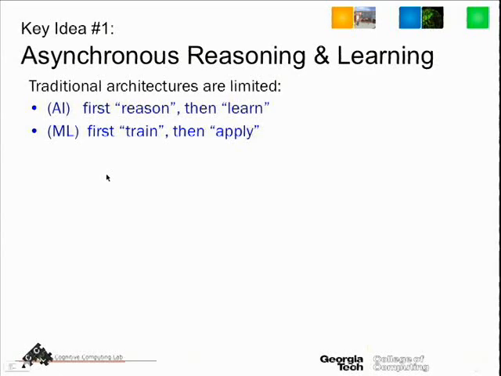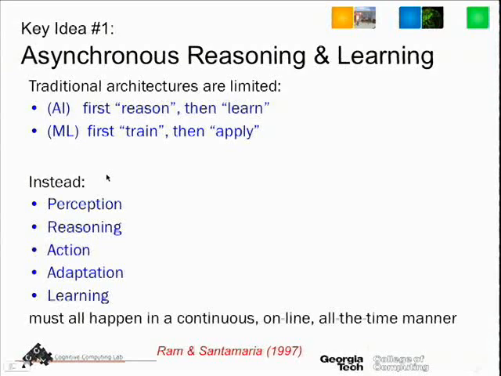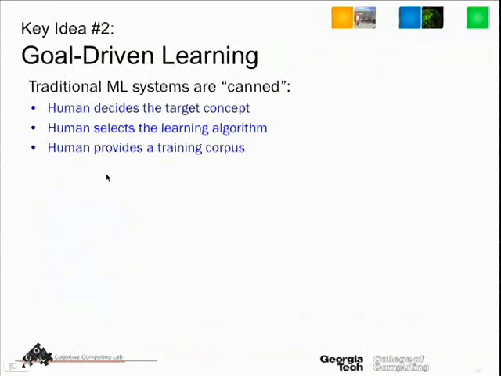And when it's ready, then it's ready to solve problems. So the asynchronous reasoning and learning idea is that you have to do all of these things simultaneously. Perception, reasoning, action, adaptation, and learning all must happen continuously, all the time, and in an online manner. You can't separate the 2. So that's one theme that goes through most of my work.